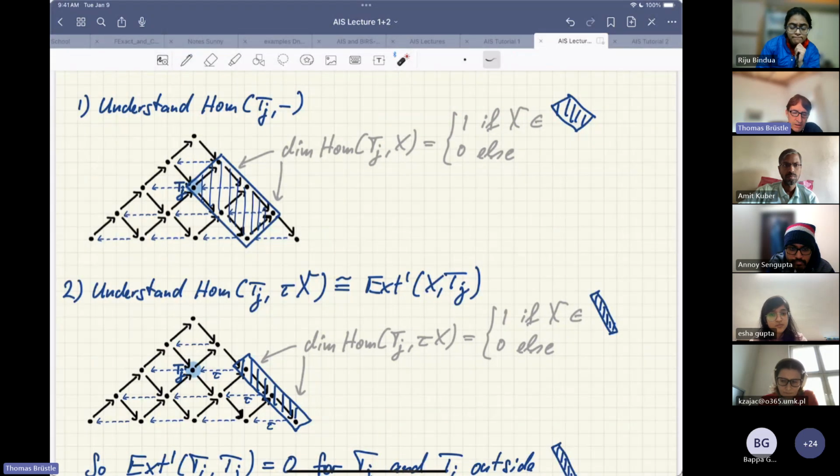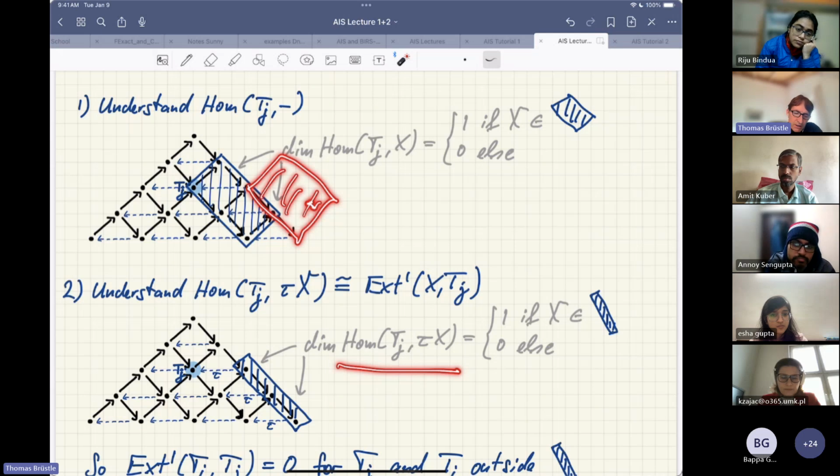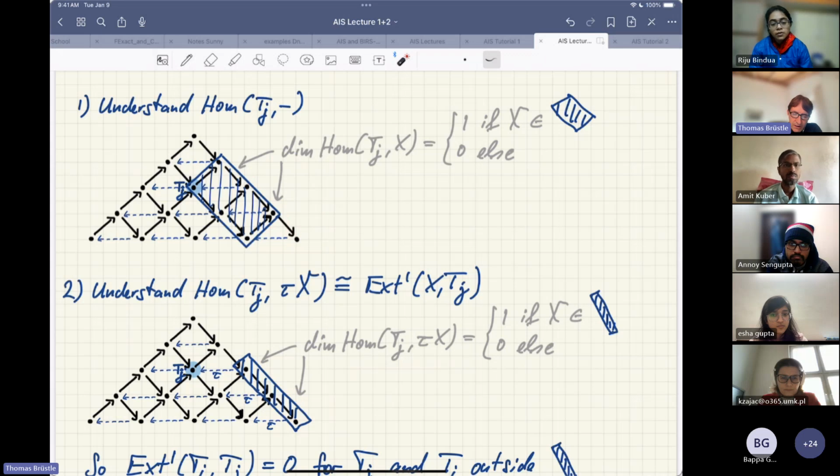If I understand the morphisms up here, then I just need to shift that rectangle by tau. I shift that rectangle by tau over here, and then I understand what Hom from Tj into tau X is. So the shift of this rectangle survives only on this part. And I see that the dimension from Tj to tau X is 1 precisely when I have an object X here or here or here. And in all other cases, it is 0.